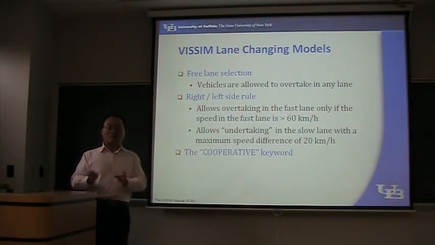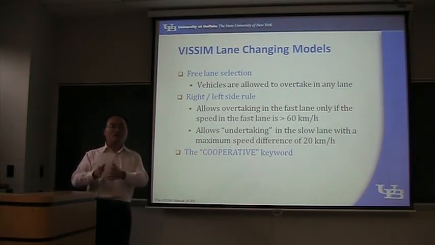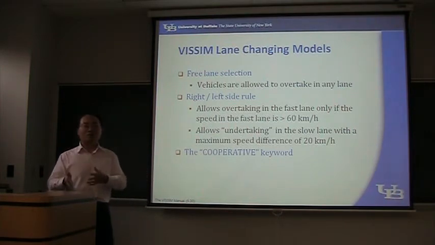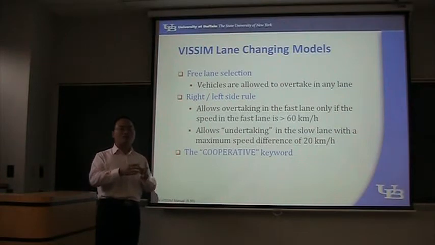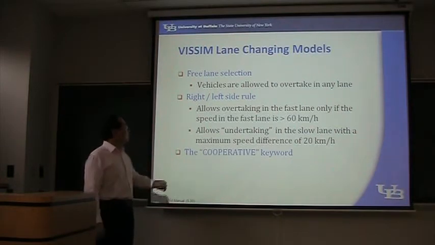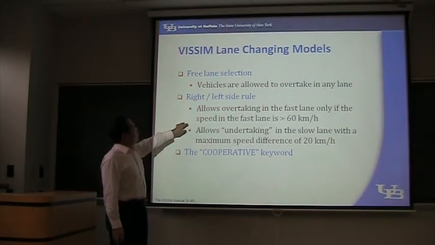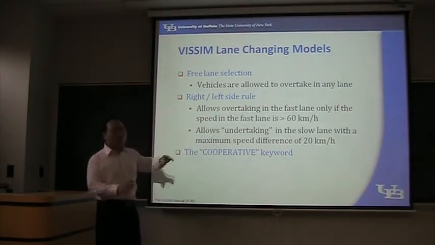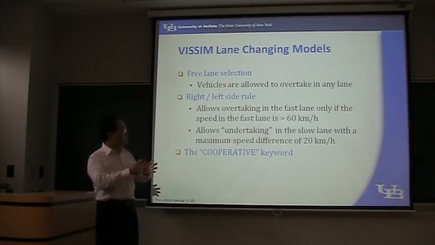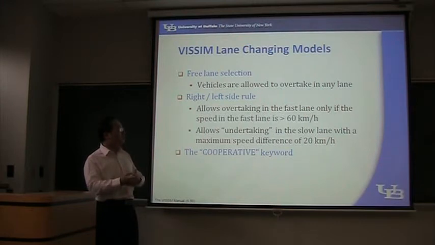So that distinguishes the right side and the left side. Right side is only for the slow vehicles, and left side is for fast vehicles. In this case, the overtaking in the fast lane will only happen if the speed is bigger than a threshold. So if you are traveling larger than 60 kilometers per hour, then you can use the slow lane to overtake.